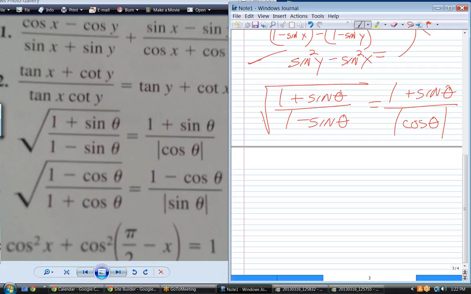Yeah, let's think about this. Normally you work with the more complicated side. And to me, that would be the left side.